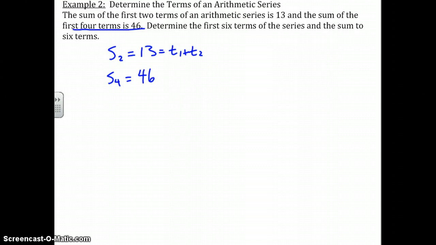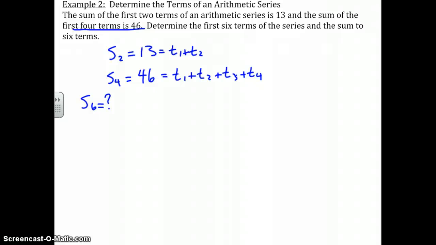So S4 is 46, right? Which would be T1 plus T2 plus T3 plus T4. And what are we asked for? We're asked for S6, and we're also asked what all of those terms are: T1, 2, 3, 4, 5, and 6.